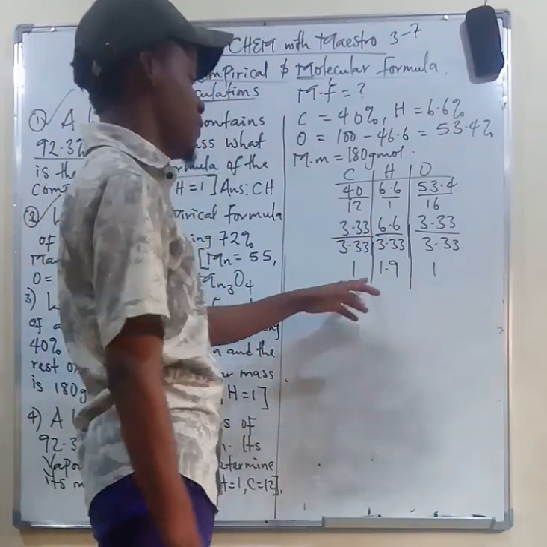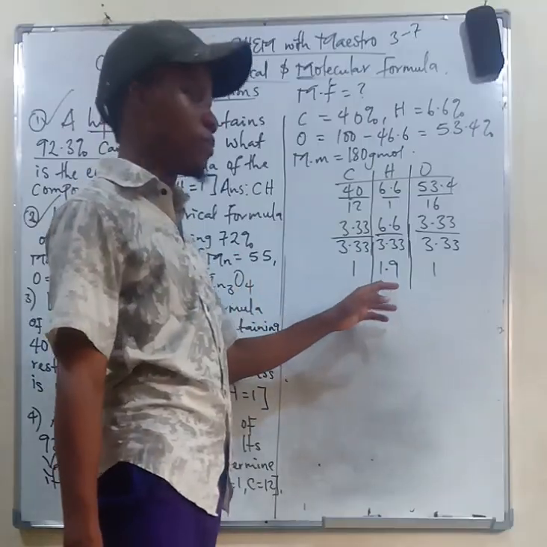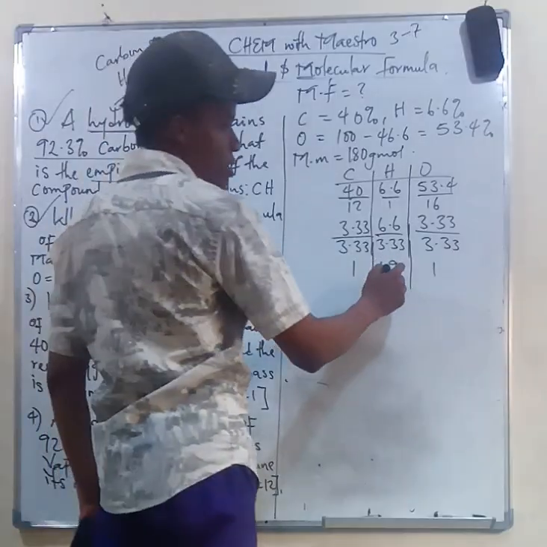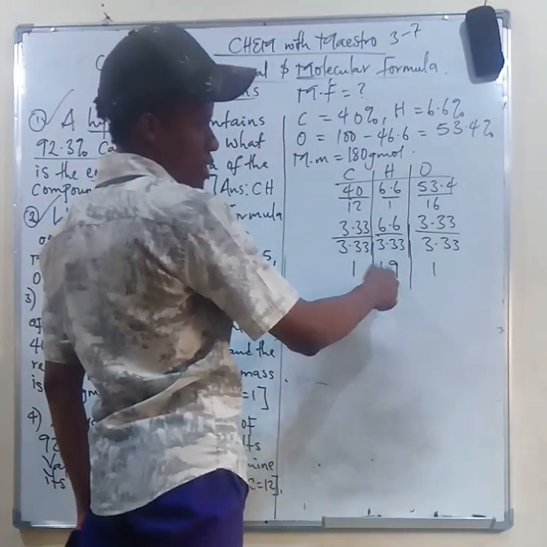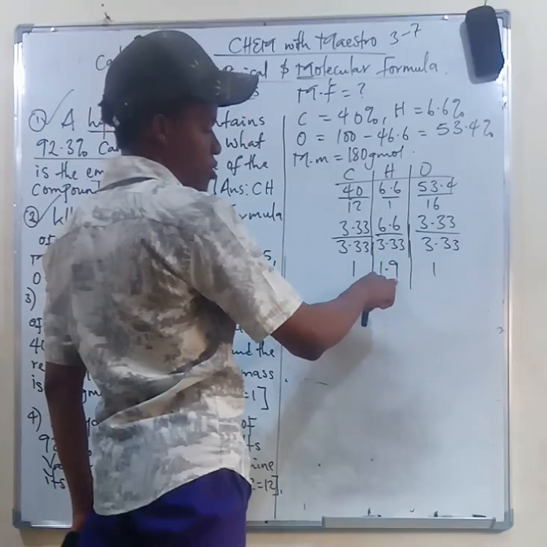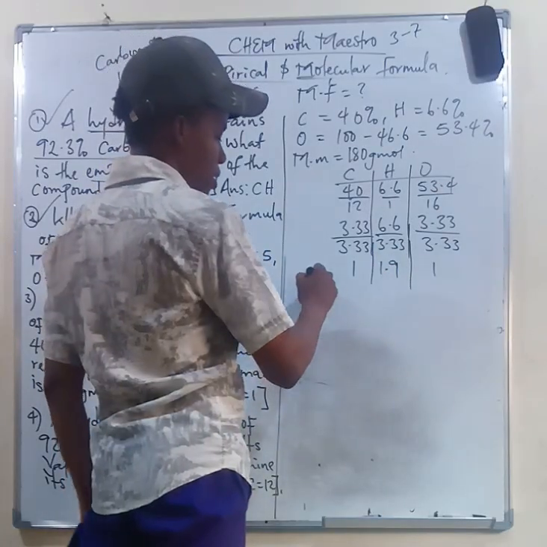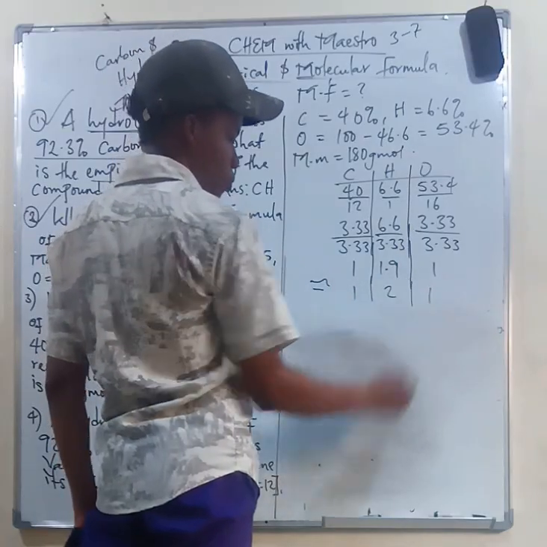I also told you that if it's 8 or 9, maybe 1.8 or 1.9, then you can approximate. Because it's 9, turn it to 0, and add 1 here. So therefore, approximately, our answer becomes 1, 2, 1.